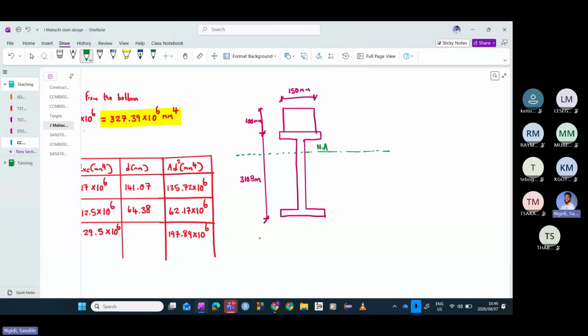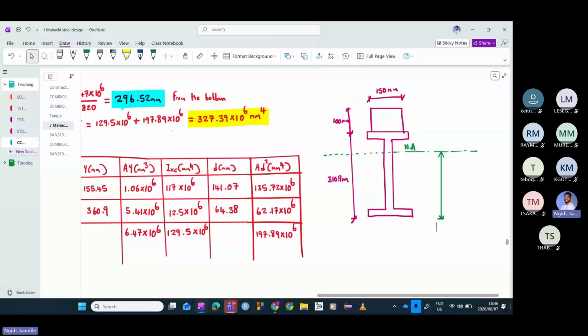Now we calculated the distance from the bottom to the neutral axis, and that distance we calculated to be 296.52. And then there's another distance on top, which is 114.38.